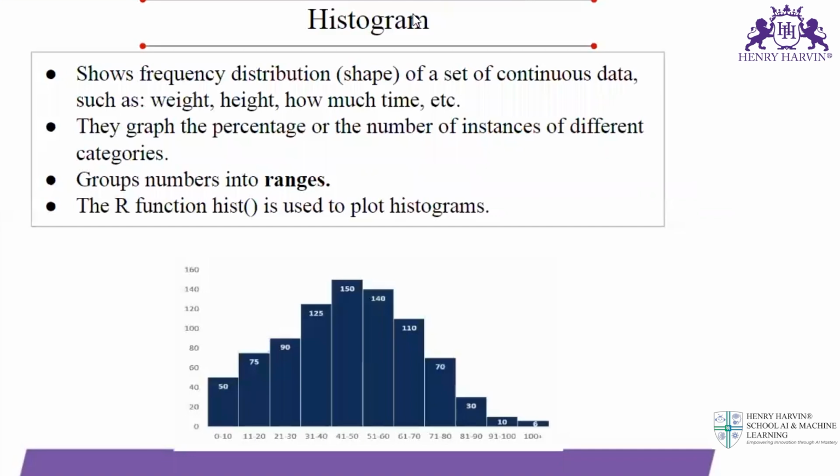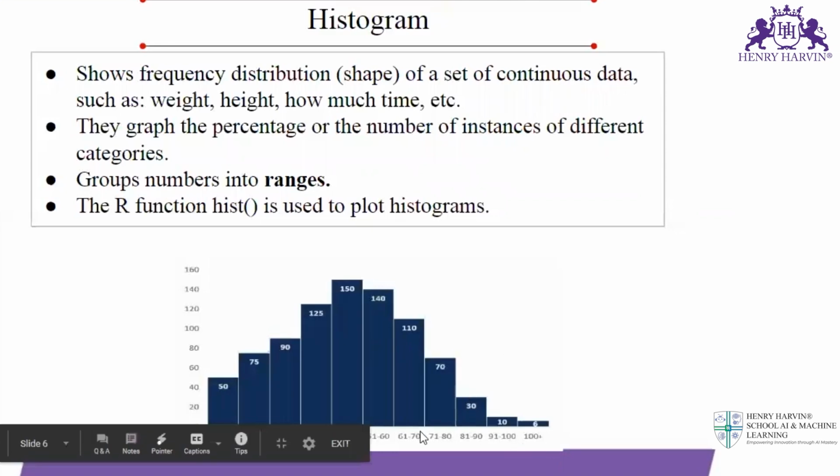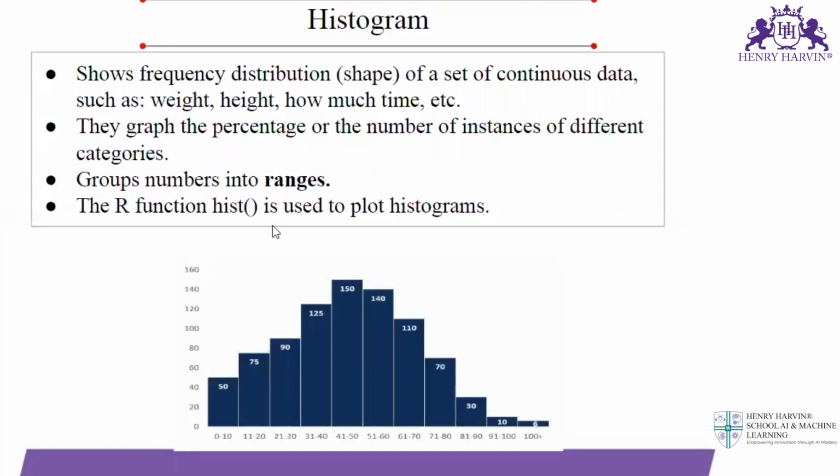Whenever we are creating a histogram, only one variable is used, and that variable is on the x-axis, which is grouped into ranges. The function that is used to plot histogram is hist. Within the brackets there will be aesthetics and the labels and x-axis, y-axis details.